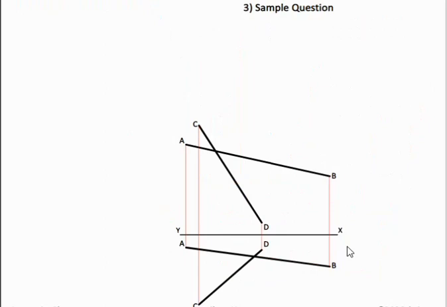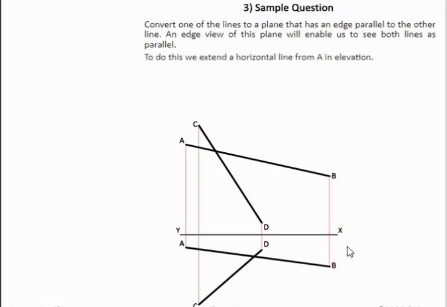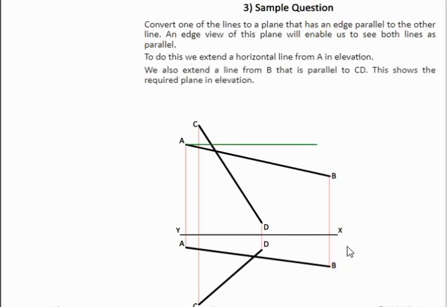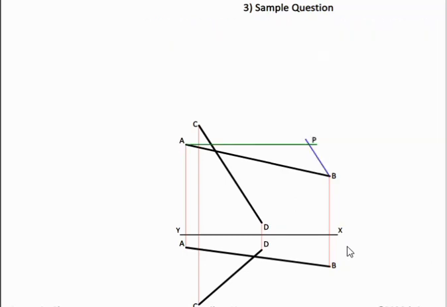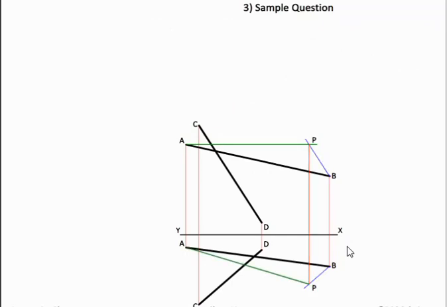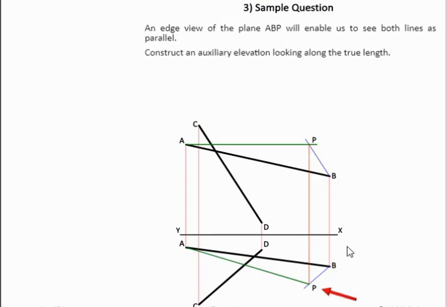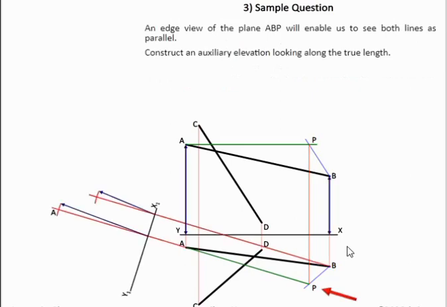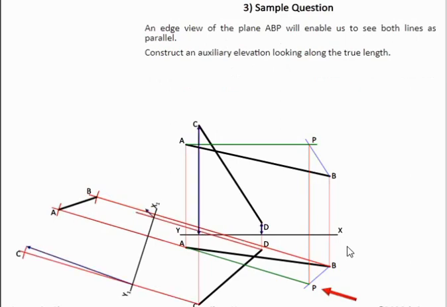Now in this sample question here, we'll construct skew lines again. What we're going to do in this question is we extend out from A, B is parallel to P, then bring down point P, then again look along our true length, set up our first auxiliary, find AB and CD.